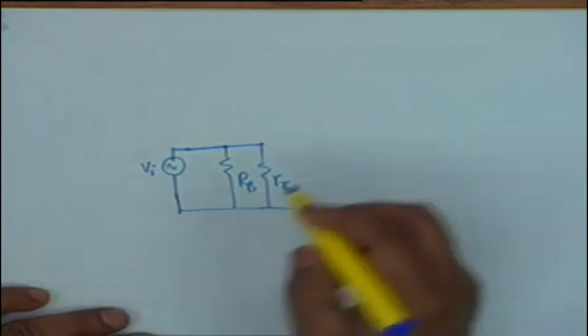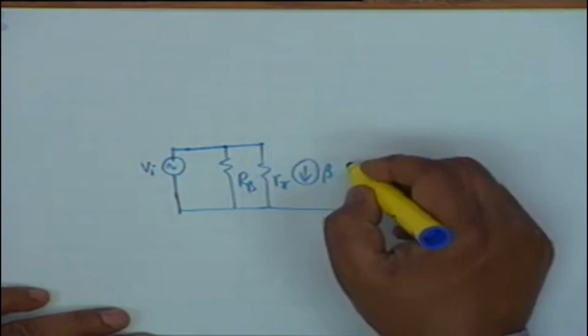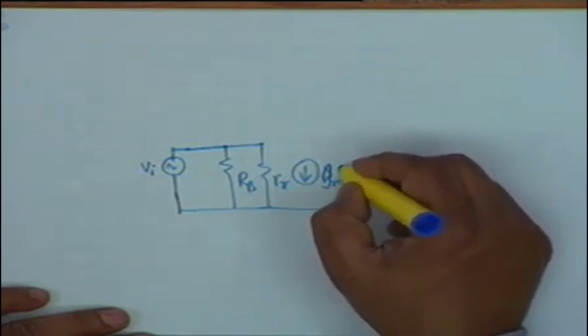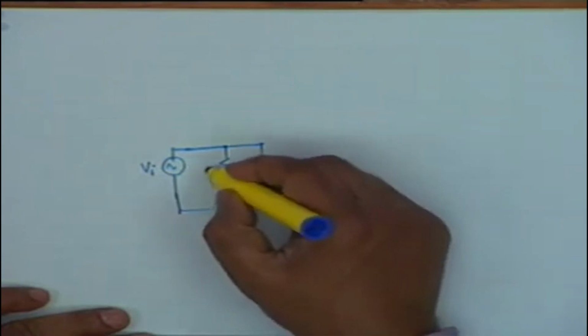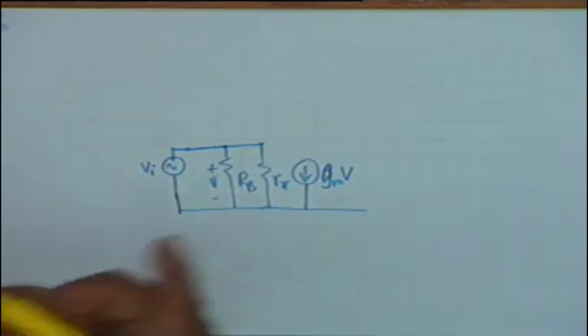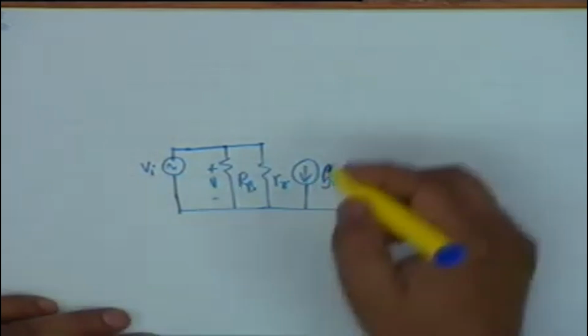At the output, it is beta. No, let us work in terms of gmV. This is V. V is the same as Vi. All right. I am drawing the equivalent circuit of the single stage BJT phase shift oscillator.